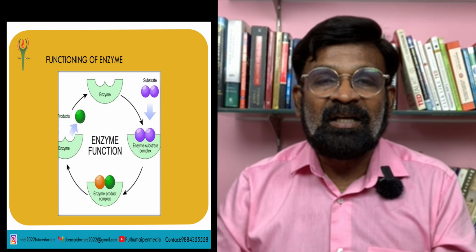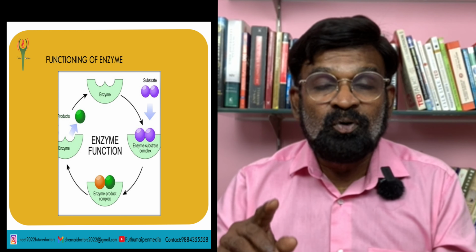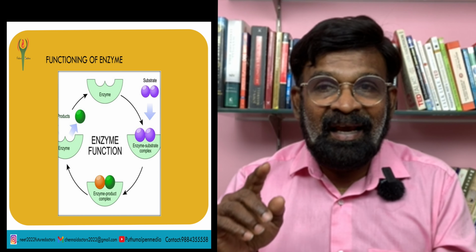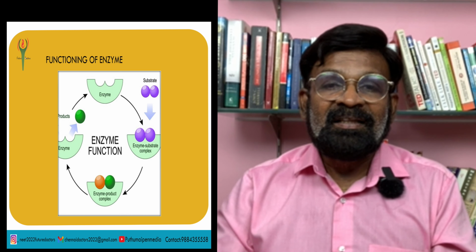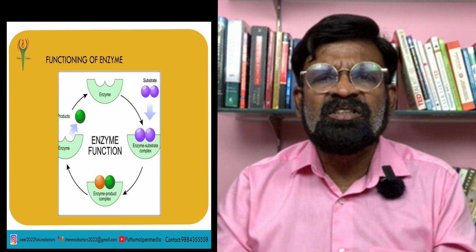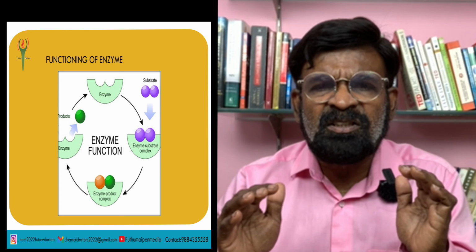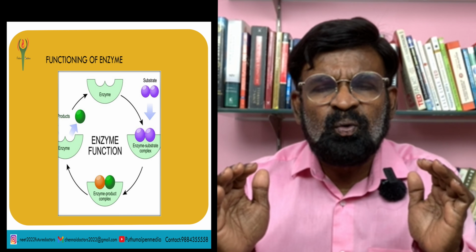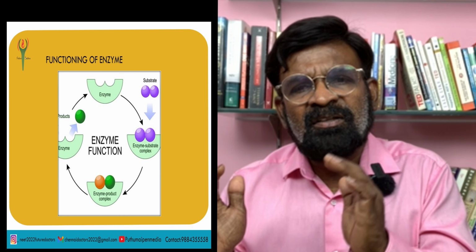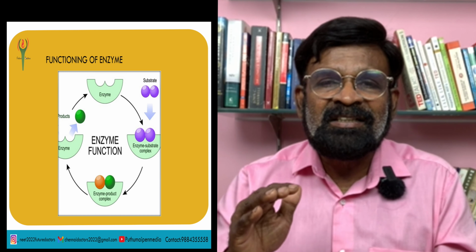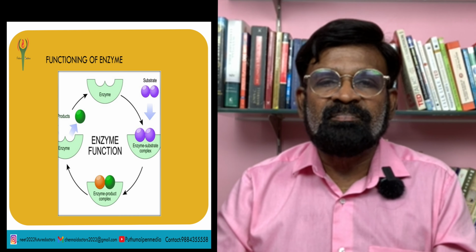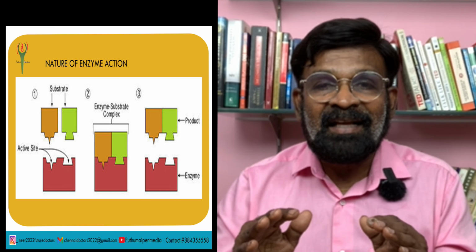Whether exothermic or endothermic, the S has to go through a much higher energy state. This difference between the average energy content of S and that of its transition state is called activation energy. Moving on to the next slide.